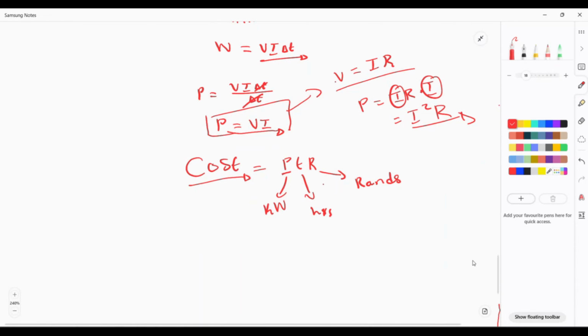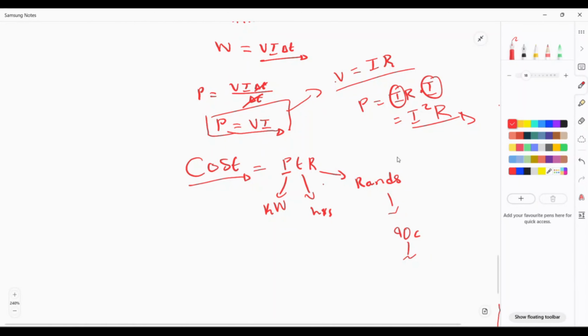But at some point, let's say they gave you 90 cents. You have to convert 90 cents into rands. What I'm saying is we use the rands only. We don't use cents. Because if you convert 90 cents into rands, you're going to have a number that is in decimal form.